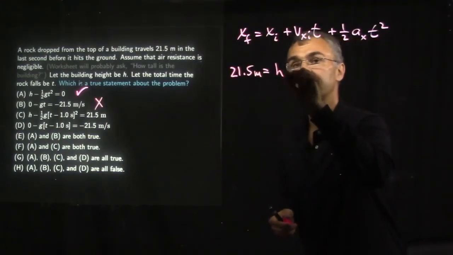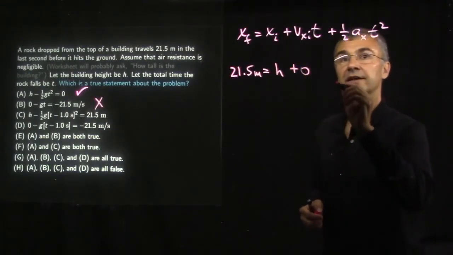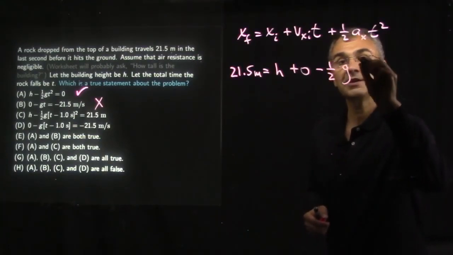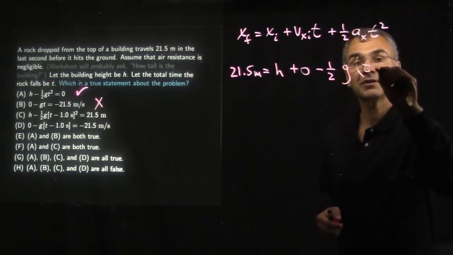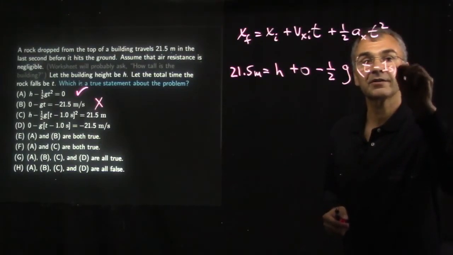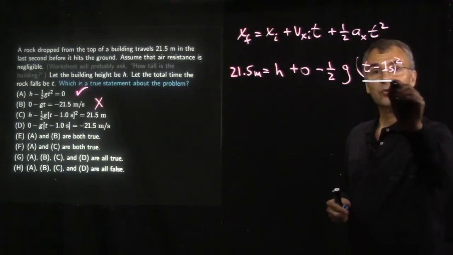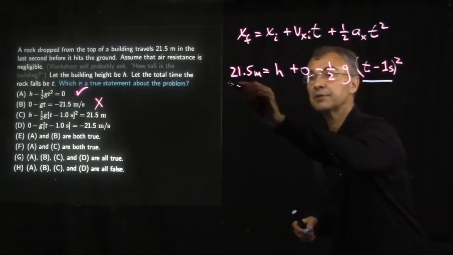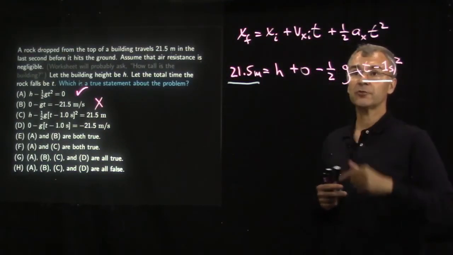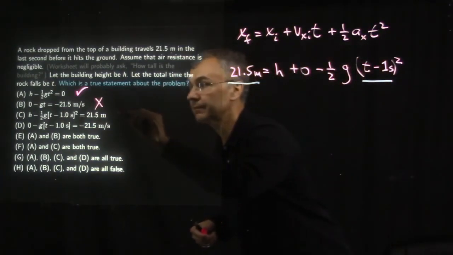And it started out at h, and it started out at 0 velocity. And then this is minus 1/2 g. And then what's the time? The time is t minus 1 second squared. You see? So we plugged in t equals 1 second before it hits the ground, and we plugged in x equals 21.5 meters above the ground. That should be a true statement. So I like that. I think that's a true statement.